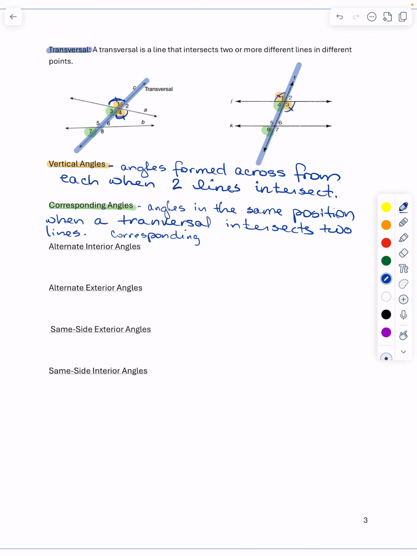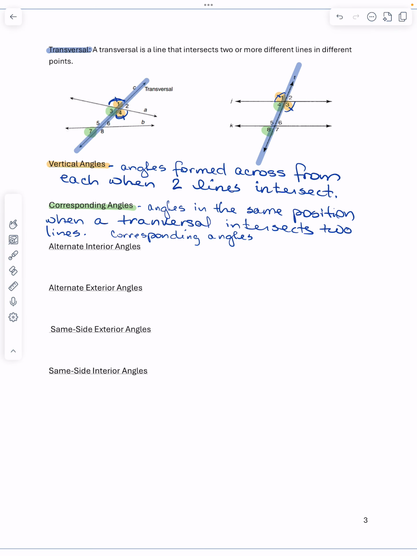Sorry, corresponding angles are congruent when a transversal intersects two parallel lines. I will start writing smaller.